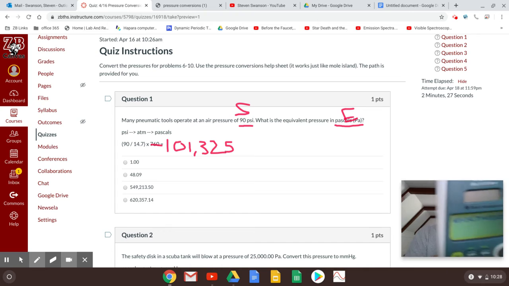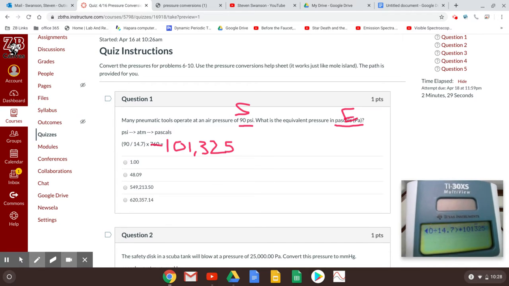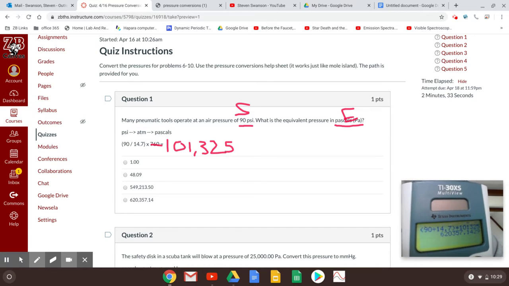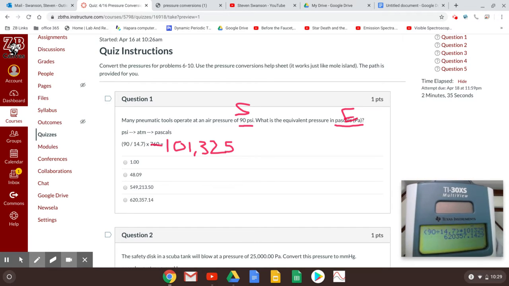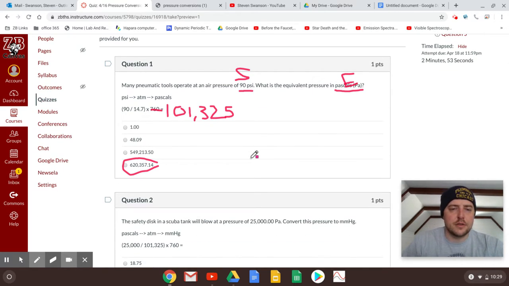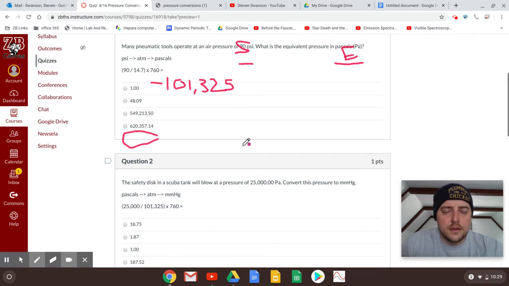So when you put it in on your calculator, it should look like that. We will hit enter, and you get 620,357.1429. So the closest answer would be that. Make sure that you guys are paying attention and not just taking everything for granted.